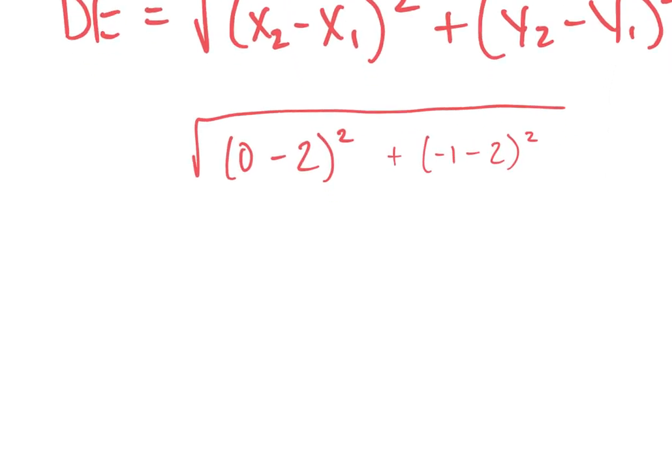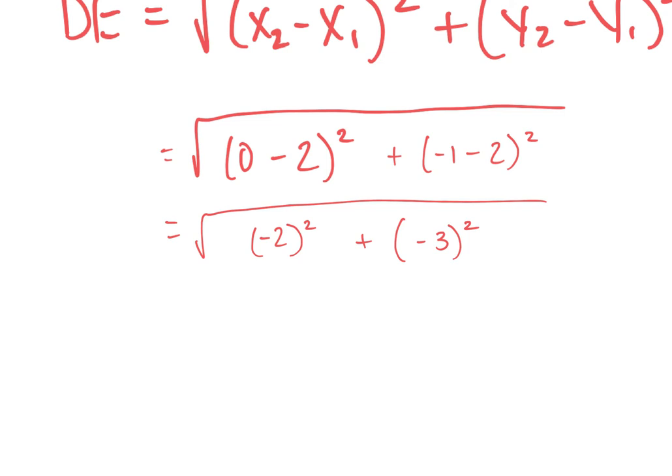Okay, so we're going to get the square root of 0 minus 2, which is -2 squared, plus -3 squared. What is -2 squared? -4. Oh no, not -4. It's +4, because remember, it's -2 times -2, so we're going to get a positive value.